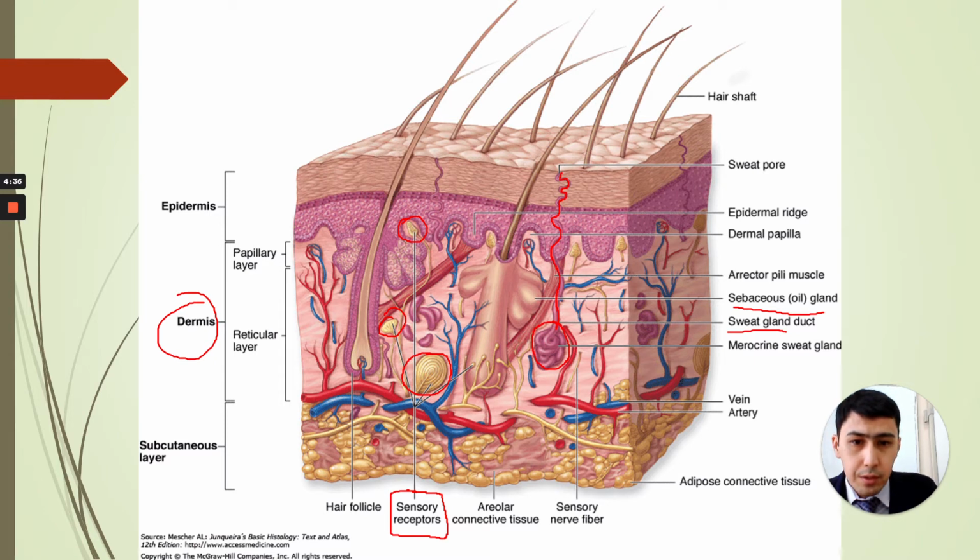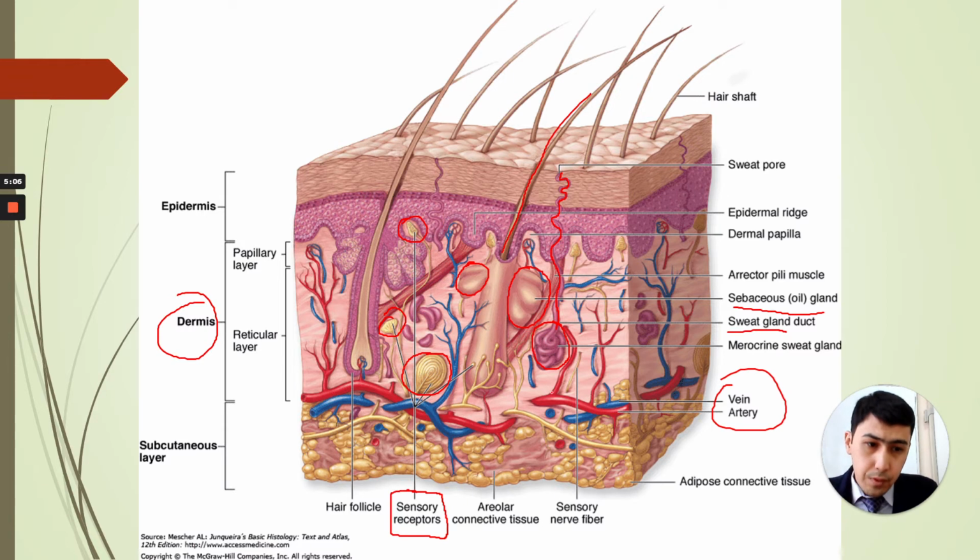And here we have sebaceous glands, so you can see that they are located next to the hair follicle. So this is hair next to it. We can also see here red and blue vessels. They are arteries and veins. They are all located in the dermis layer.